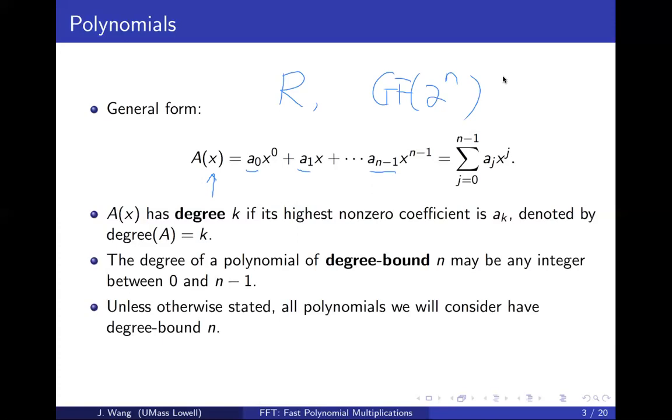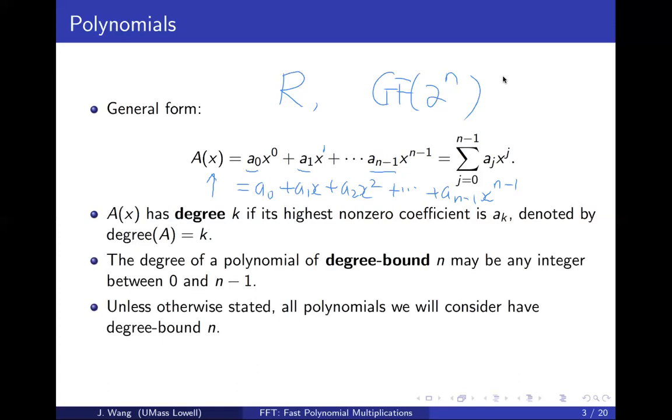So that is, we have a0, that's the constant term, plus a1x, plus a2x^2, plus a_{n-1}x to the n minus 1's power.